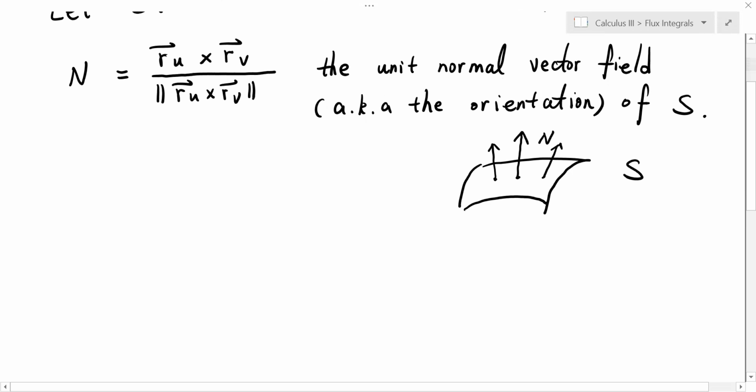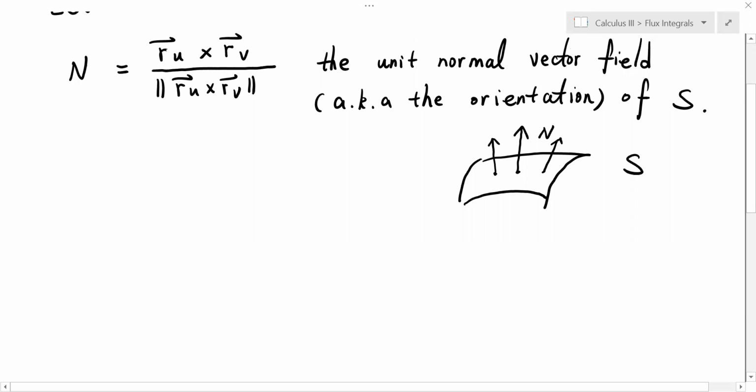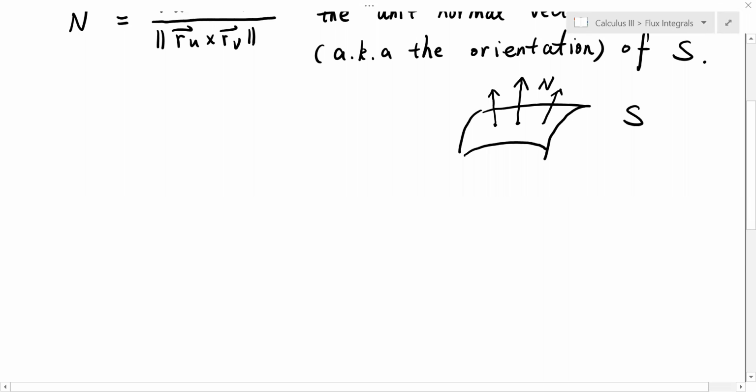And when this is the case, we will be defining the flux integral of a vector field. So let's denote capital F of x comma y comma z be a vector field.